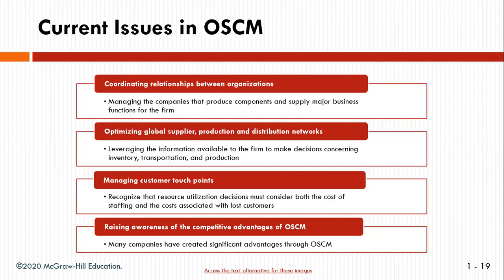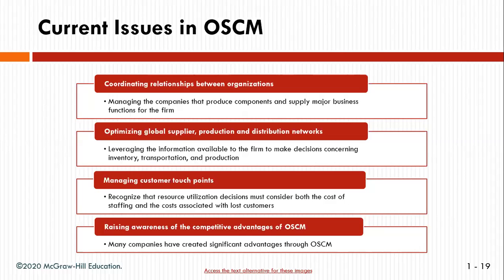Managing the customer's touch point, recognizing that the resource utilization decision must consider both the cost of staffing and the cost associated with the lost customer. And we spoke about the supermarket. We know you have tellers in a bank. You don't want to stay in a big lineup, because that sounds less effective, but you need to be efficient.